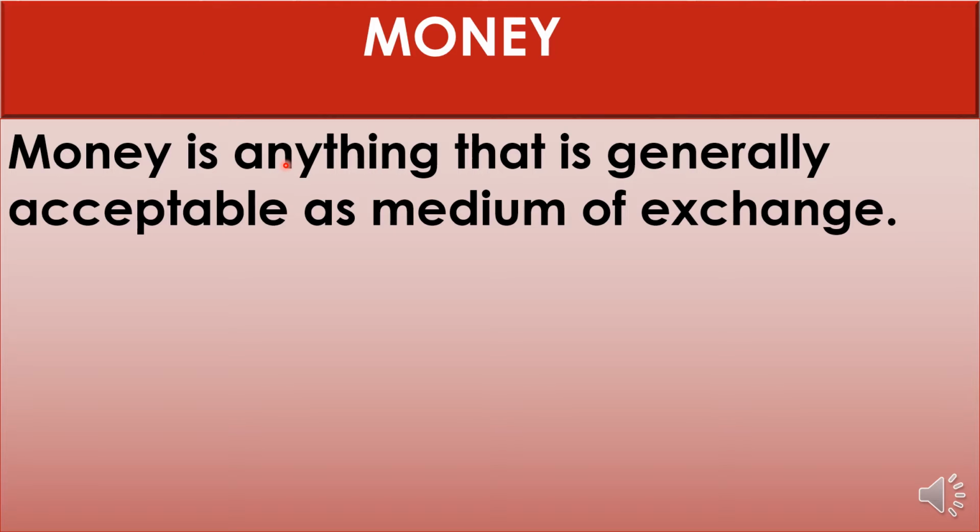Something that is welcomed all over a place as a medium of exchange. You go to buy something, you hand the money you have to the seller, and the seller hands you the goods you want to buy.